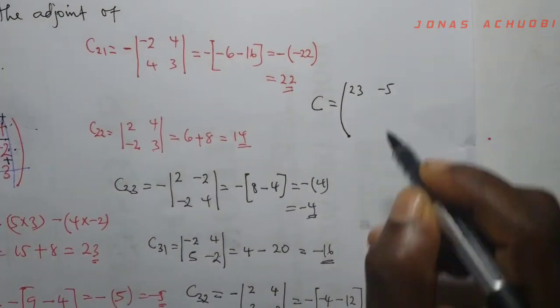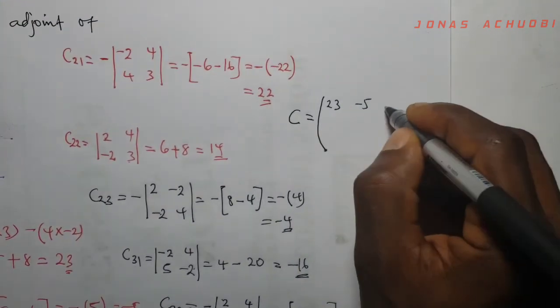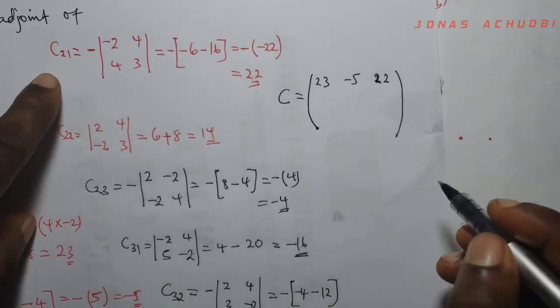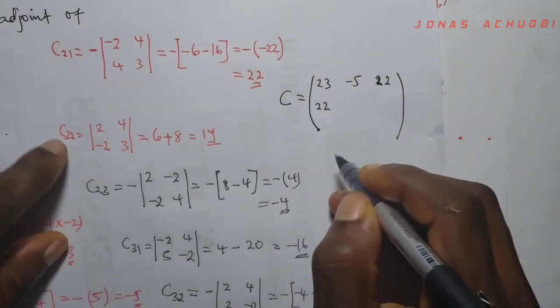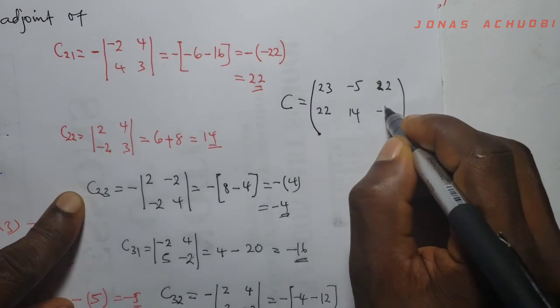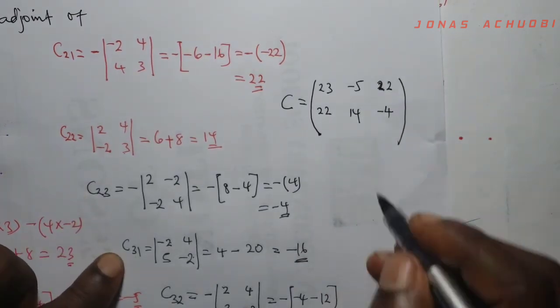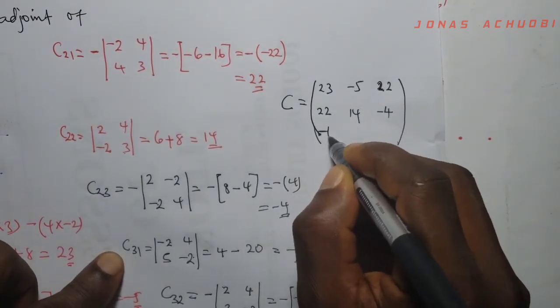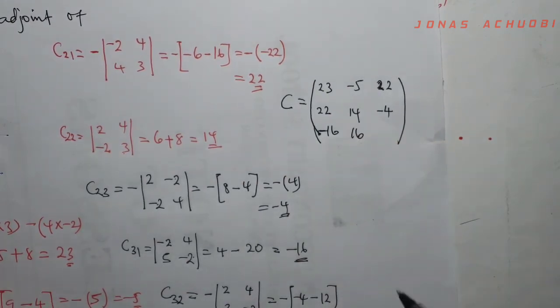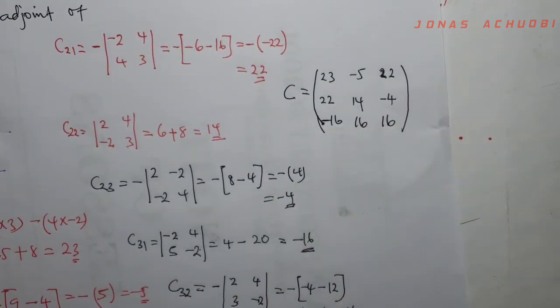The next one is 22, so I'll just fill it up. So we'll put down the cofactors corresponding to the entries. So A21 is 22, A22 is 14, A23 is negative 4, A31 is negative 16, A32 is 16, and A33 again is 16.